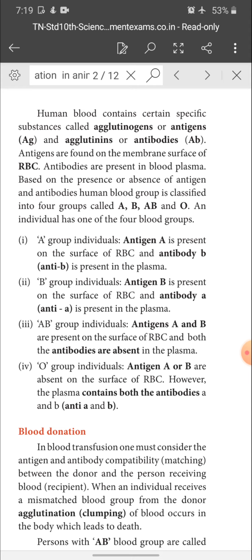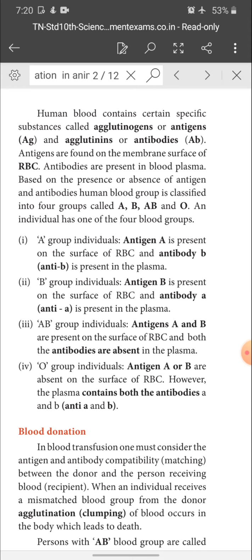One is in the plasma, another one is on the surface of the RBCs. What is present on the surface of RBCs? Agglutinogens or antigens are present on the surface of the RBCs, and agglutinins or antibodies are present in the plasma. Based on these antibodies and antigens, we can classify the blood group.